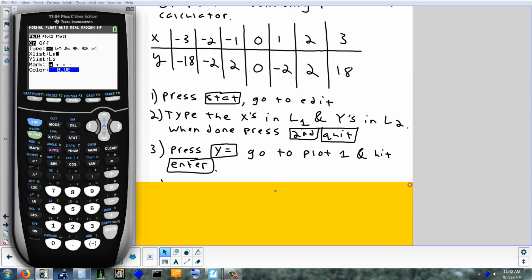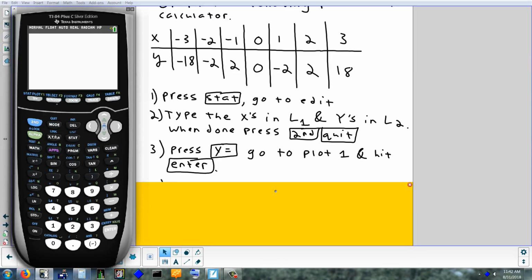I had you use 1 and 2 because those are the easiest ones, right away on the screen. So my x's were in list 1 and my y's were in list 2. You don't ever have to touch that unless somebody else goes in and changes it on you. You can do bar graphs and different kinds of graphs, but I just want to leave it the way it is. So yours should look like that right now.